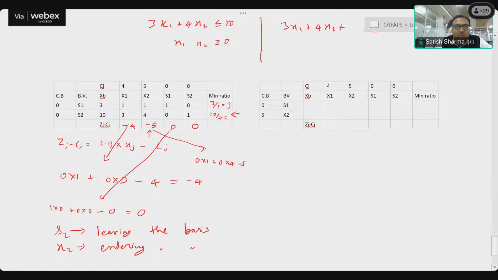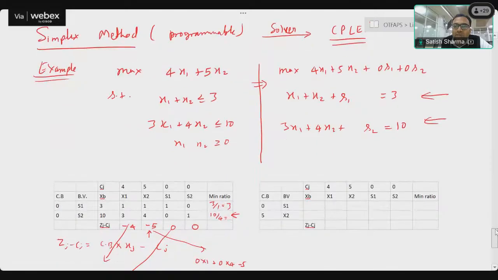Okay, so what happens is that s1 and s2 will have some value and the rest of the others will be 0. So if you put these two conditions, with x1 equals 0 and s2 equals 0, and try to solve it, what you will get is a certain value of x2 and a certain value of x3, and it has been programmed that this becomes a key element here.